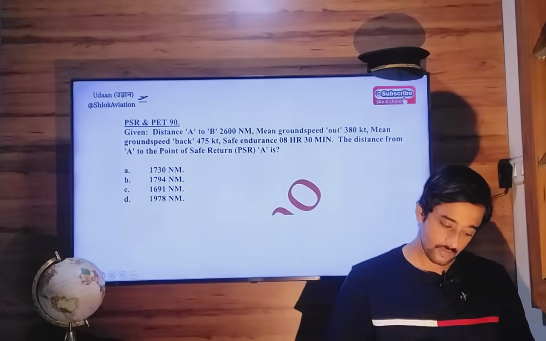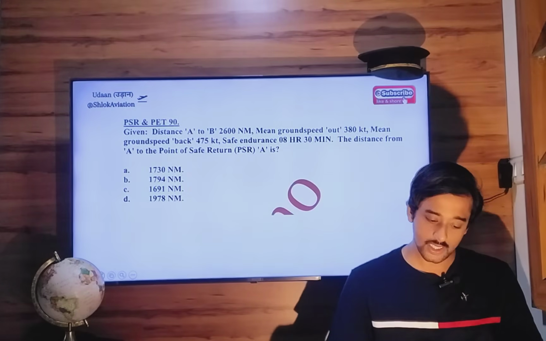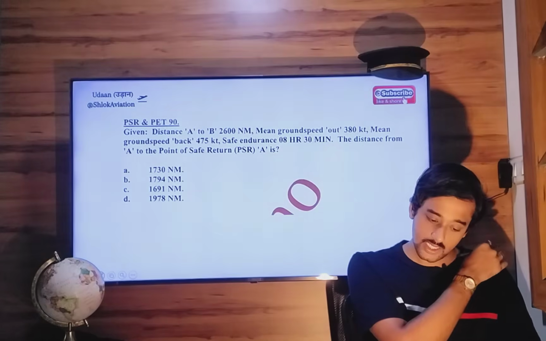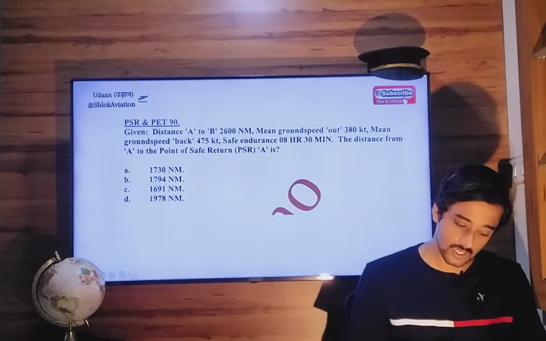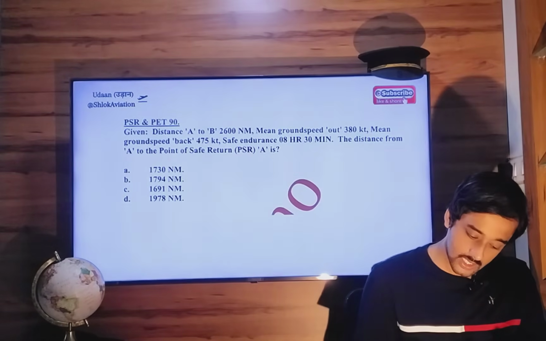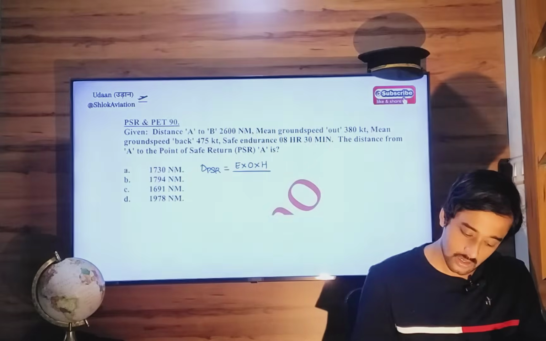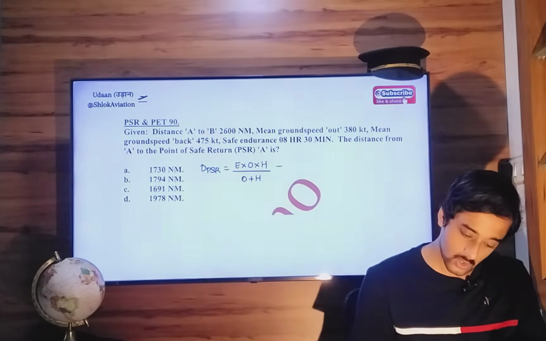Next, 90. Distance A to B 2600, outbound speed, homebound speed given, endurance is given. What is the distance to the point of safe return? So distance to the point of safe return is endurance into outbound into homebound divided by outbound plus homebound.